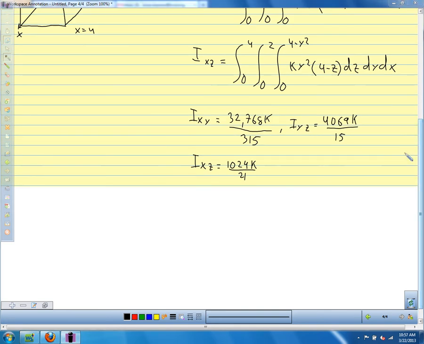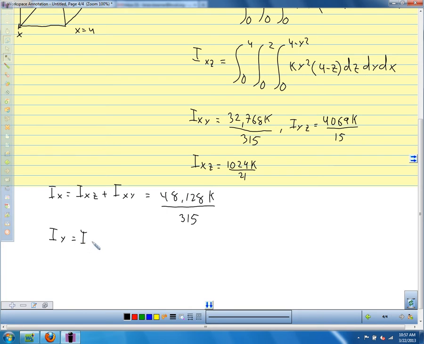And then we can just sum these to get our moments about the axes. So I sub x is I sub xz plus I sub xy, and when I add those I get 48128k over 315. I sub y, I'm going to add I sub xy plus I sub yz.